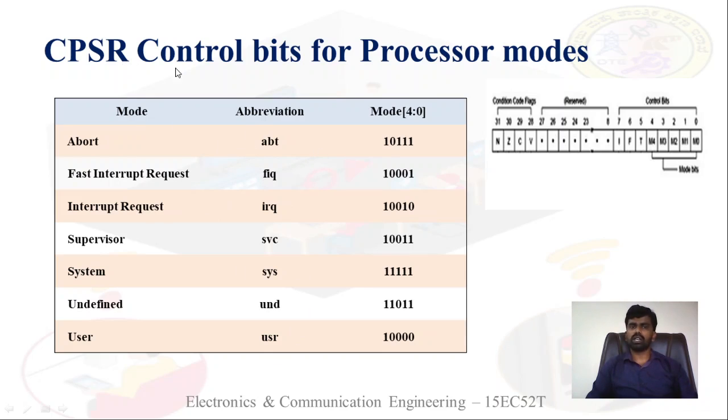So these are the control bits for processor mode. Bits 0 to 4, totally 5 bits, are used to select a particular mode. So we have 7 different modes.